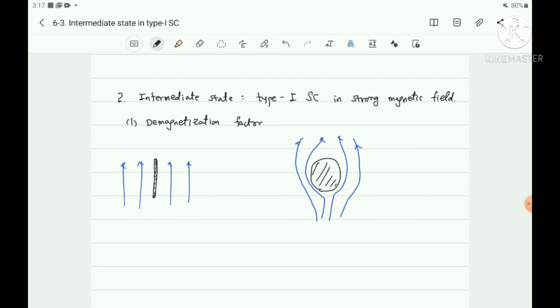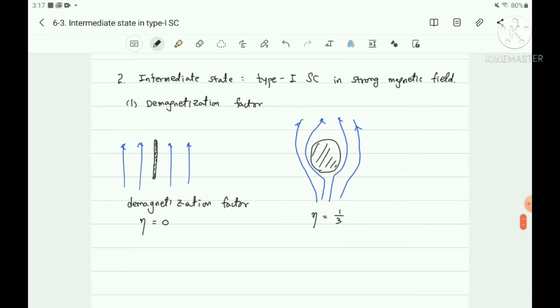In this case, we call it the demagnetization factor, eta. The demagnetization factor is equal to 0 in this case. In the sphere case, the demagnetization factor is 1/3, and I will see that later.